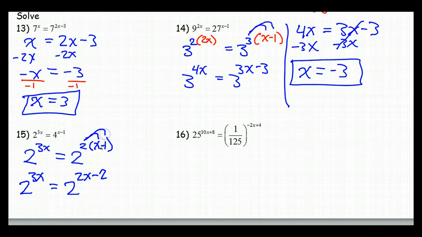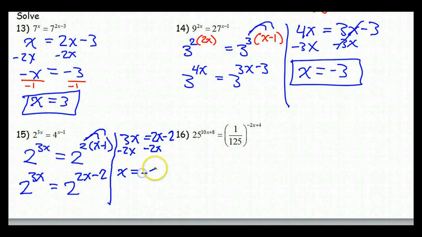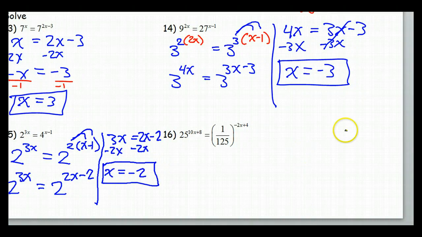Again, with the distributive property. Now that the bases are the same, the exponents must be the same. If I subtract 2x from both sides, that's going to give me x equals negative 2. So that's number 15. 16 is the trickiest one, so we'll just have to be very, very careful.